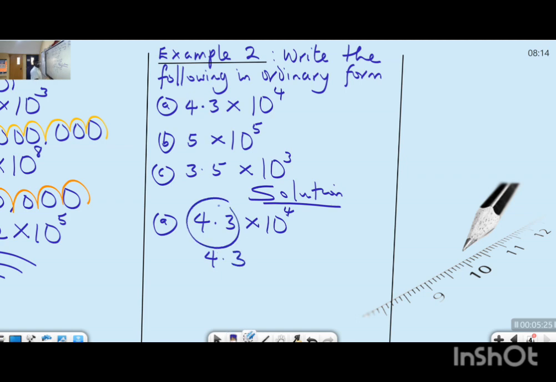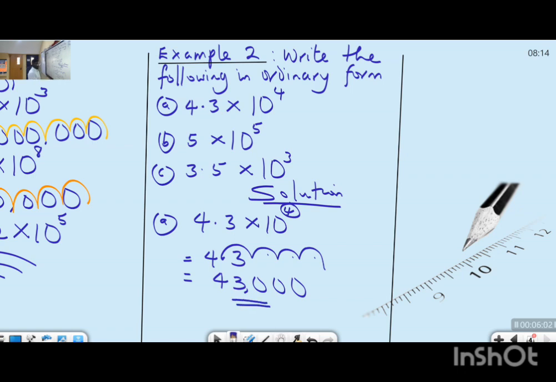Since our power is 4, we are moving forward 4 times. 1, 2, 3, 4, and you remove the point. We have 4, 3. Fill up the empty space with zeros: 1, 2, 3, that is 3 zeros. And that's 43,000.